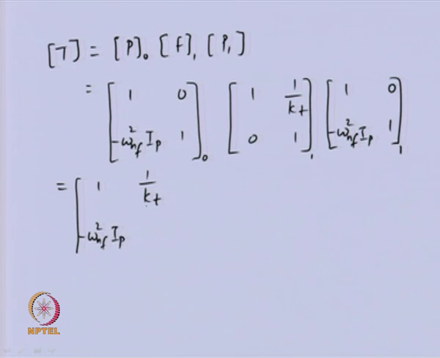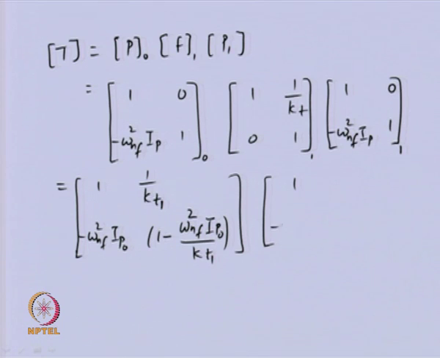Now I can attach the 0 and the 1 here, because this belongs to the 1, and here we will be having natural frequencies for the system. So we will not attach any subscript for that, and the point matrix for this station 1.